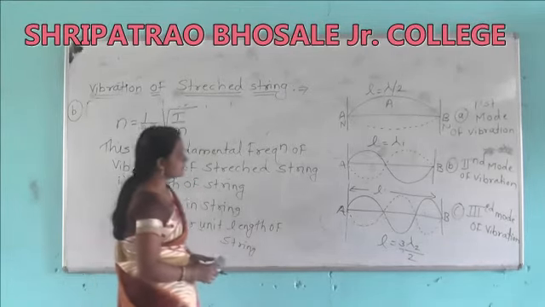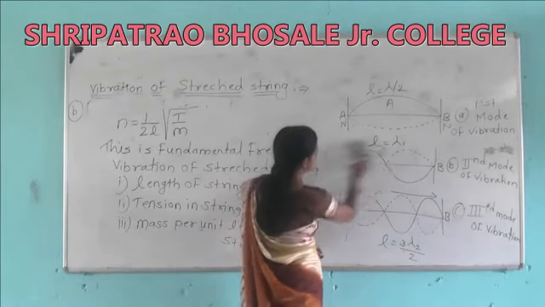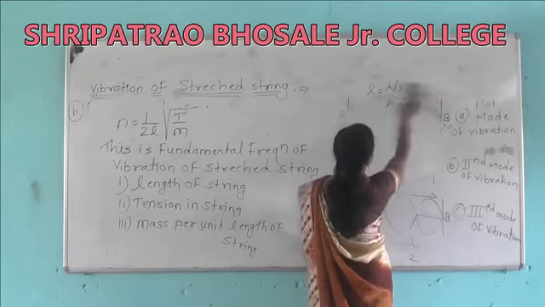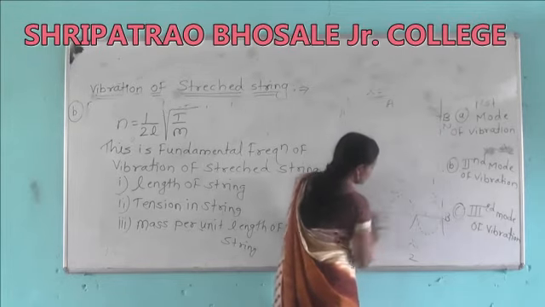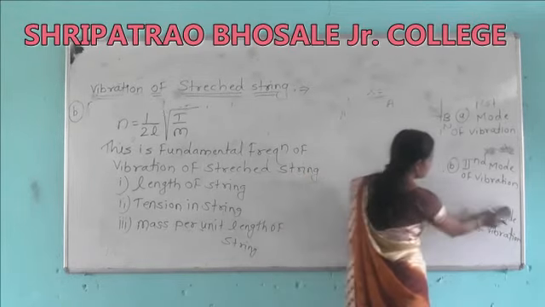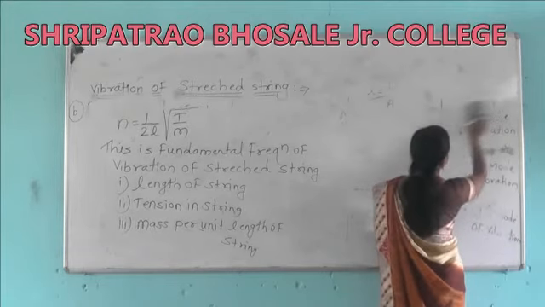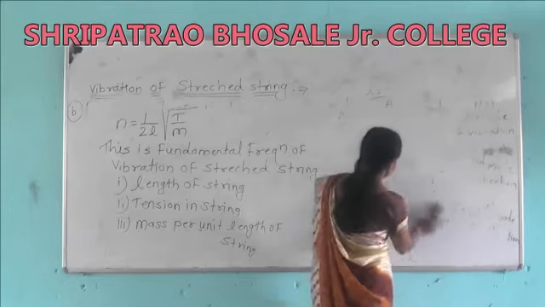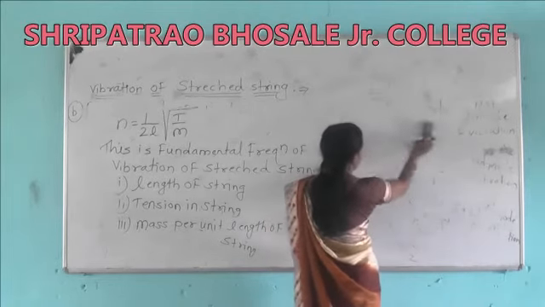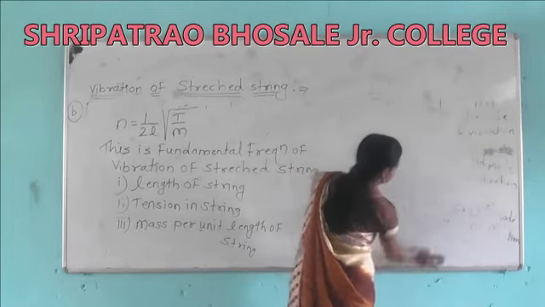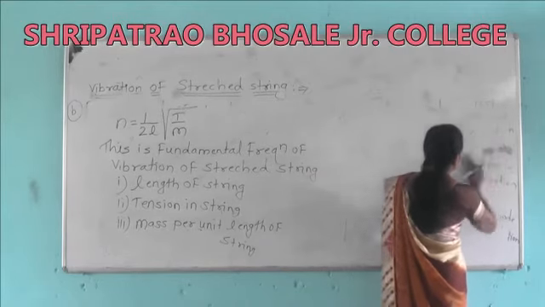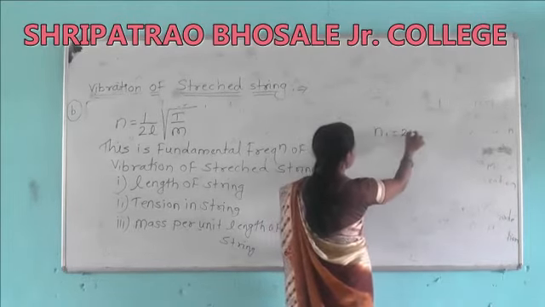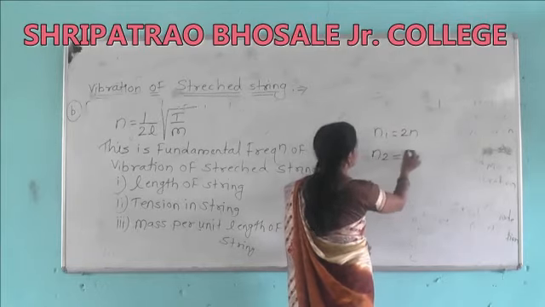And we can get the frequencies: for the first mode, we get the fundamental frequency N1 equal to 2N, and for the second mode we can get N2 equal to 3N.